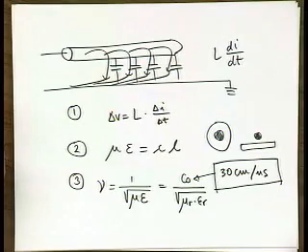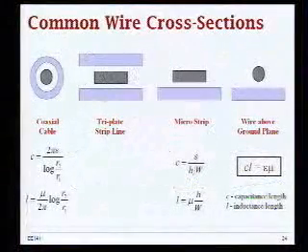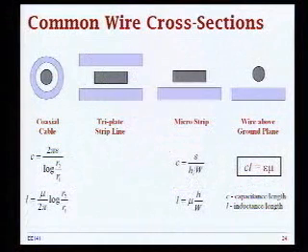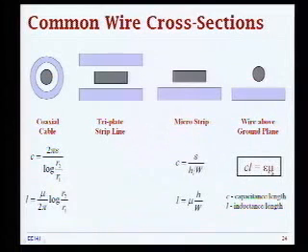Okay, so now let's go back to slides briefly. So these are some of the common cross sections for a wire, and as I noted, this expression CL equals epsilon mu is really valid for this case.